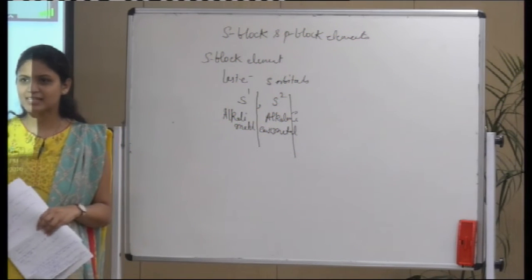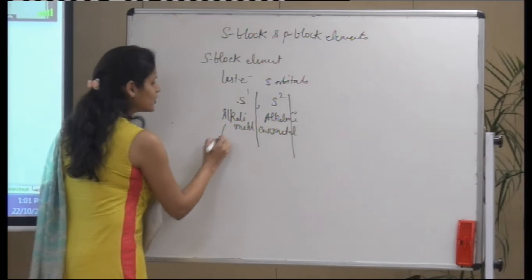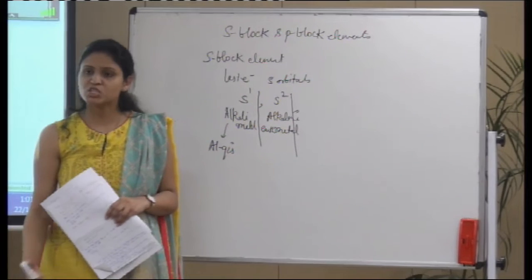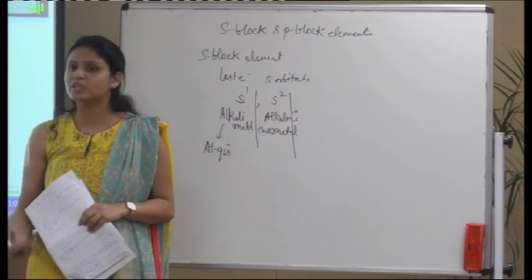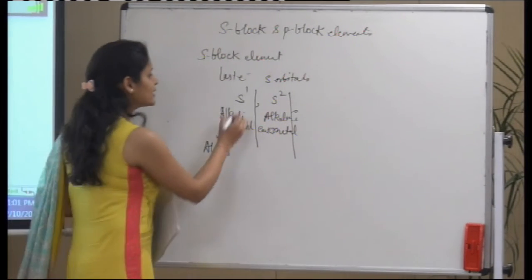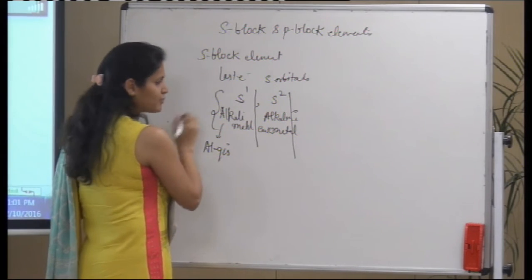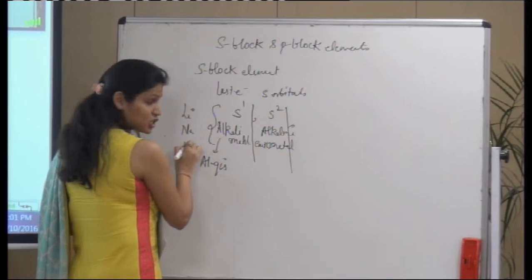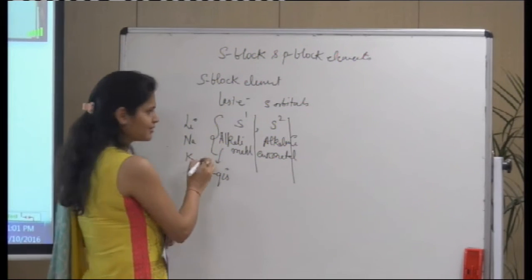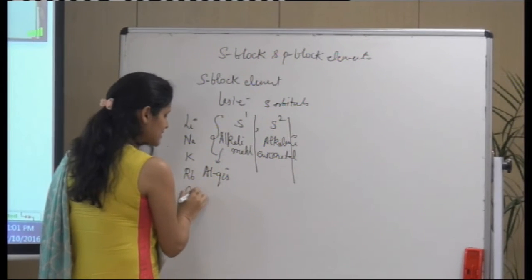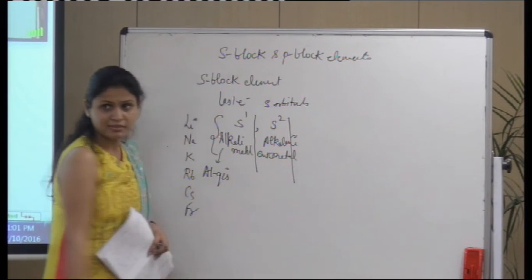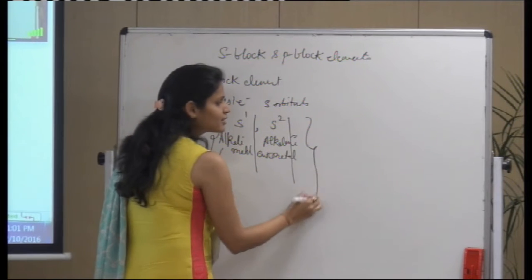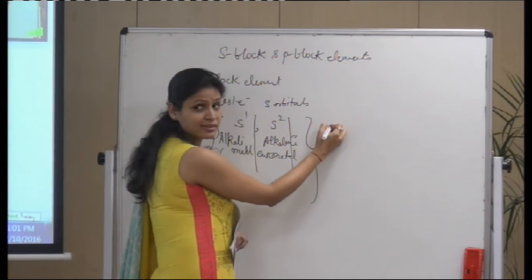Alkali means it is derived from the word alkali, that means ashes of plants. Ashes of plants contain carbonates of sodium and potassium. That is why these S block elements, lithium, sodium, potassium, rubidium, cesium and francium, are called alkali metals, while the alkaline earth metals comprise, anyone?